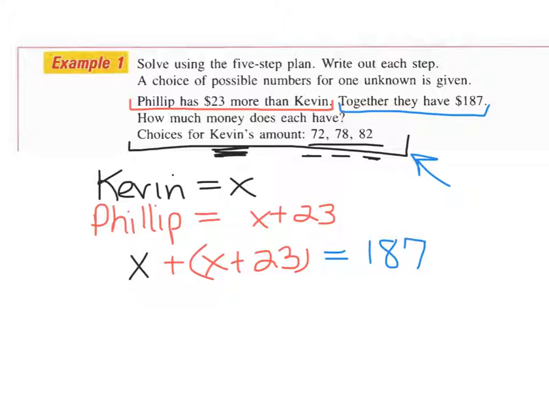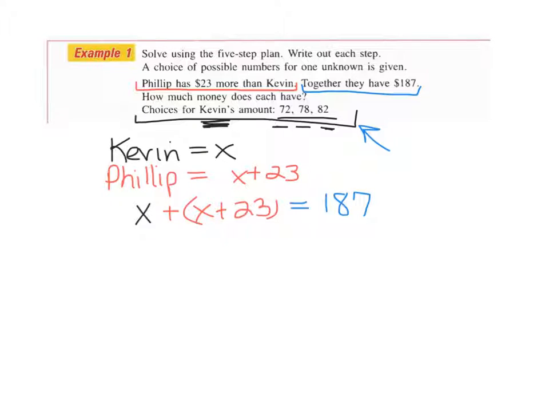All right, so when you're doing these in your homework, I want to see you define each one of the unknowns, write an equation, and then show me how you're replacing each one of the amounts that are given. So for example, I'm going to first start with 72. I'm going to take 72 plus 72 plus 23 equals 187.